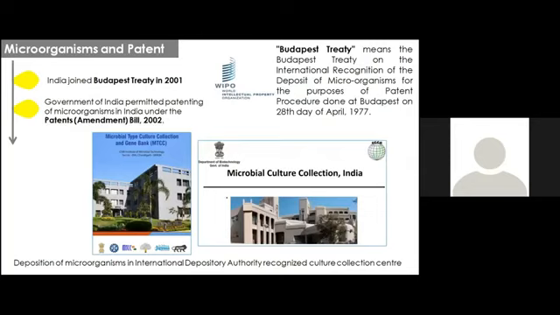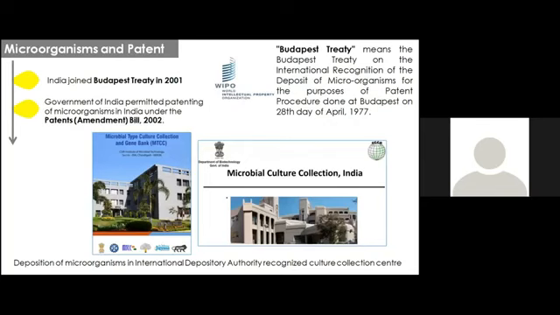In the second slide, I have explained that India, after joining the TRIPS agreement, also became a part of the Budapest Treaty in 2001, which is held by the World Intellectual Property Organization.